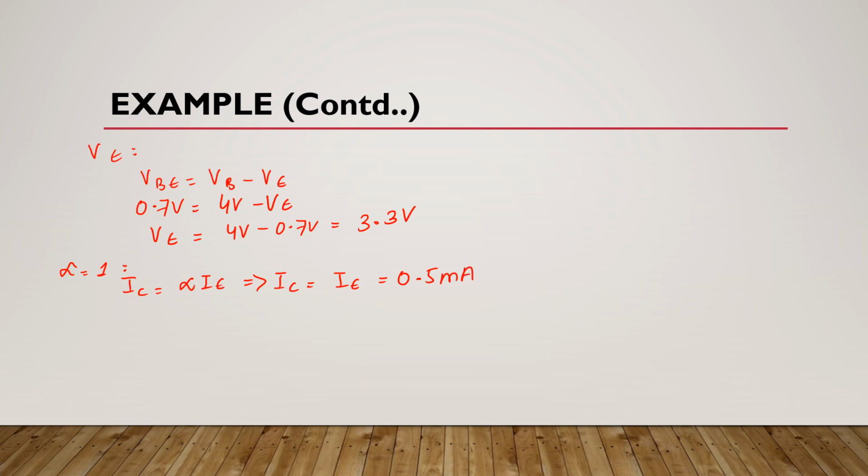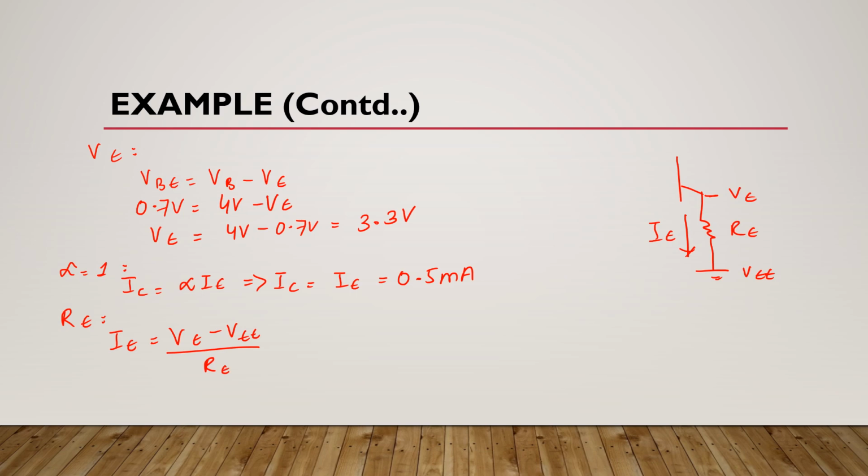Now we will find RE. We know that this is the emitter terminal here, where this is VE, here we have VEE, this is RE, and this is the direction of IE. It means here IE is equal to VE minus VEE divided by RE.